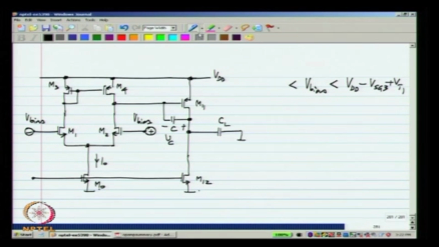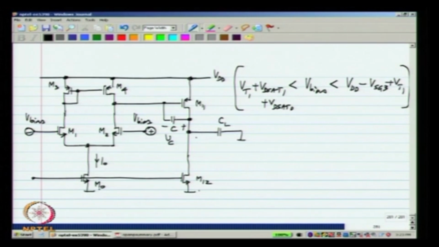And the minimum value would be the overdrive voltage that is required across M0 to keep it in saturation region plus the VGS of M1, that will be VT1 plus VD sat 1 plus VD sat 0. You can see that it goes very close to VDD, but somewhat far away from the ground.